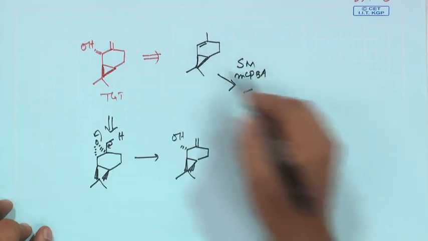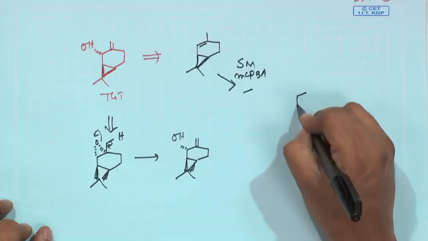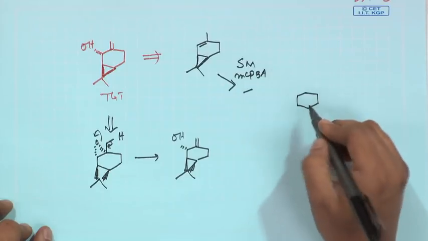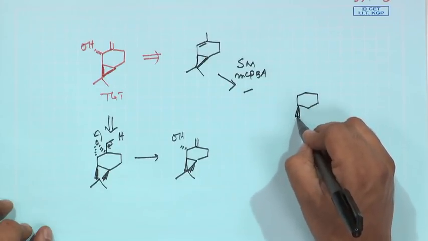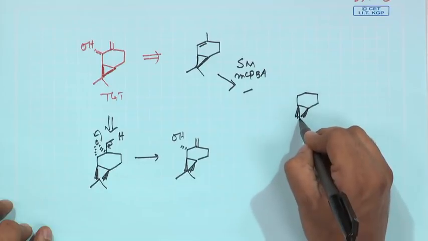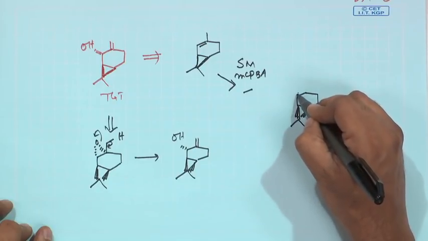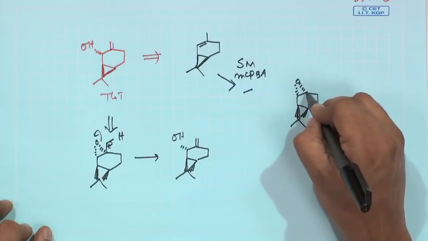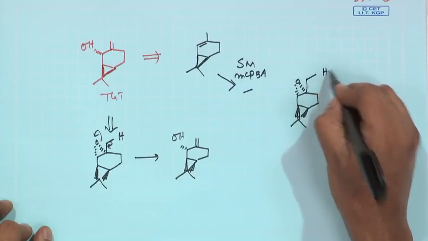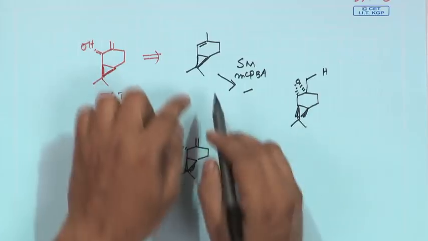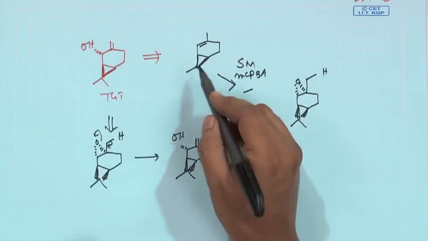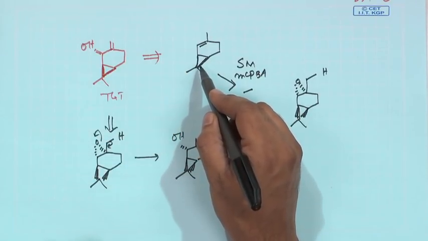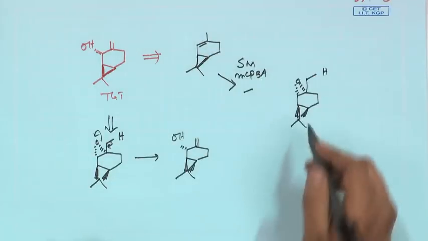The olefin is like this, so a sterically directed epoxidation will take place and will give you the beta epoxide as the major product. The top face of the olefin is blocked by this cyclopropyl group as it occupies the above plane.